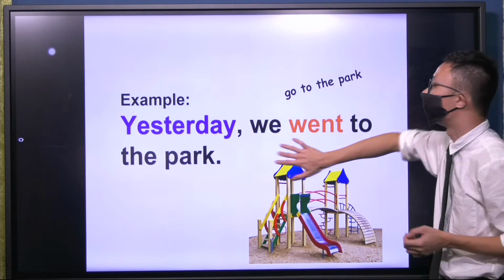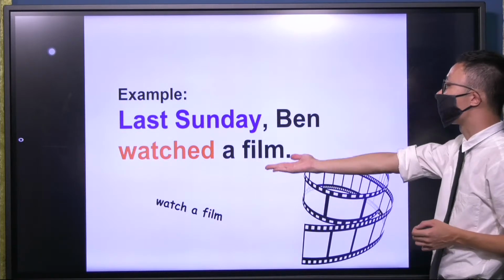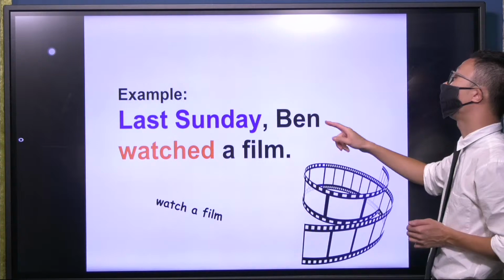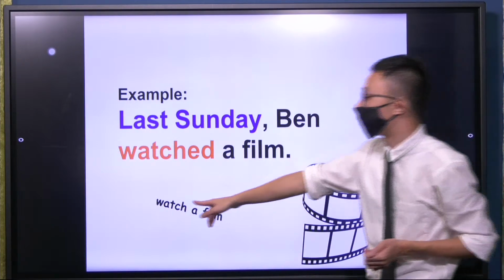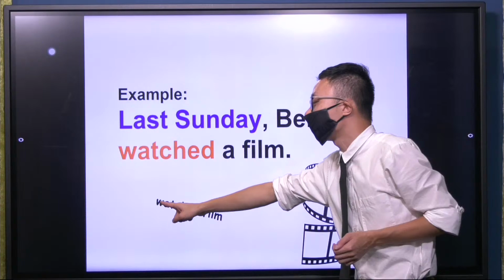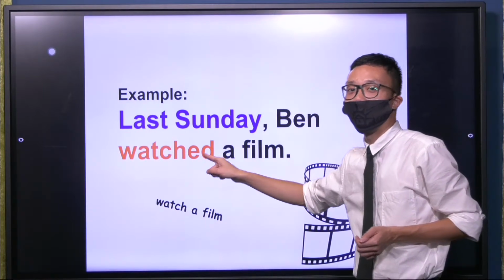It's a clue word, okay. And here's another example. Last Sunday, something happened in the past, right? Ben watched a movie. This is the present tense version, and you have a past tense version. Just put an ed here, alright?